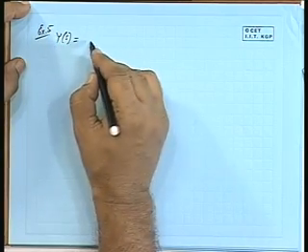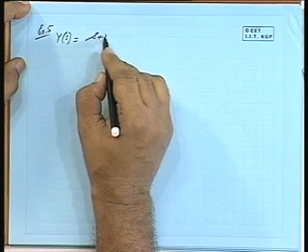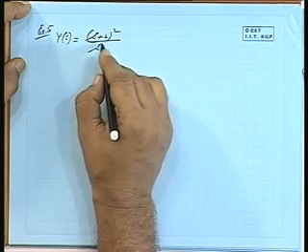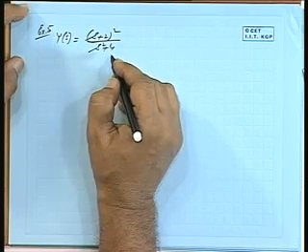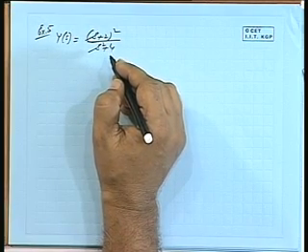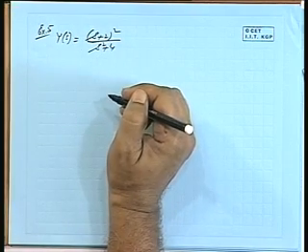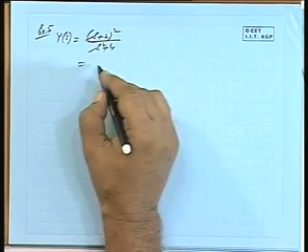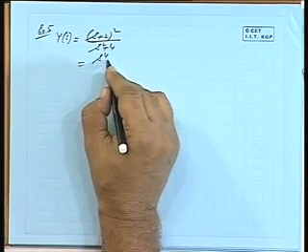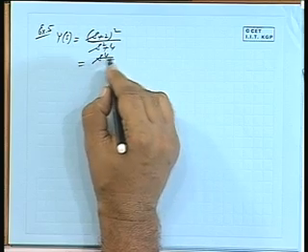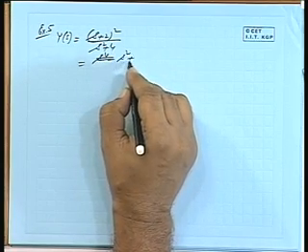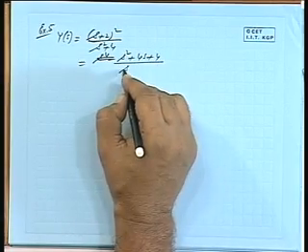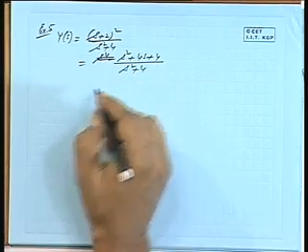Y(s) is equal to (s plus 2) whole squared by s squared plus 4. Is it positive real? Now let us expand it. s squared plus 4s plus 4 divided by s squared plus 4.